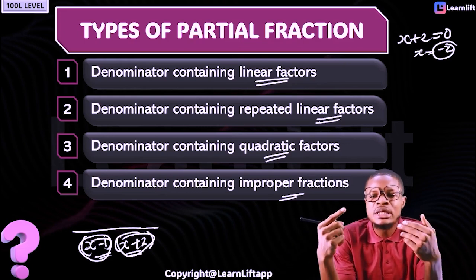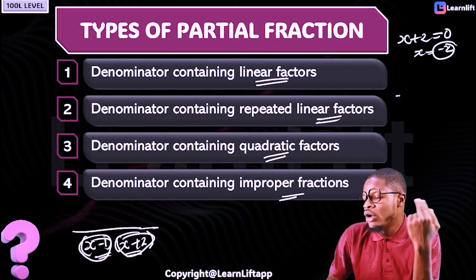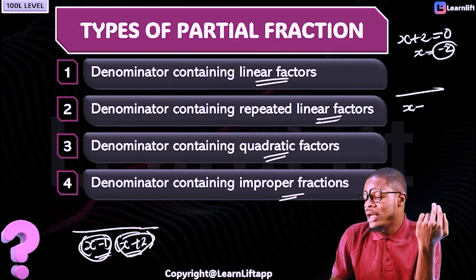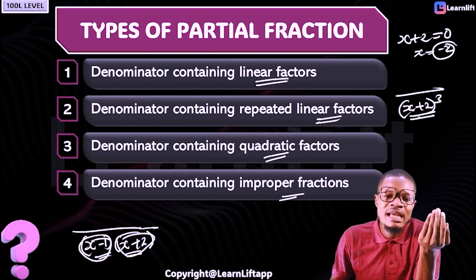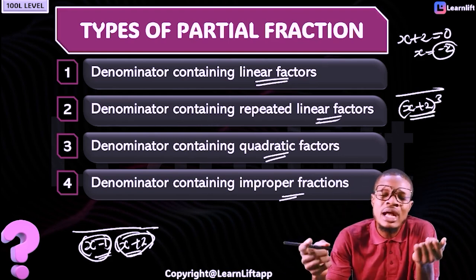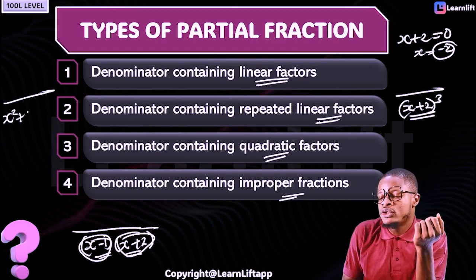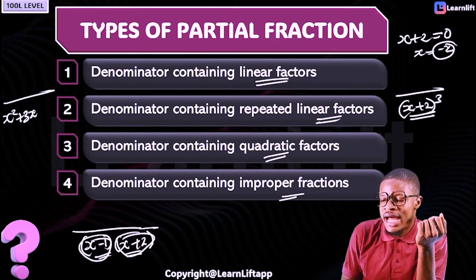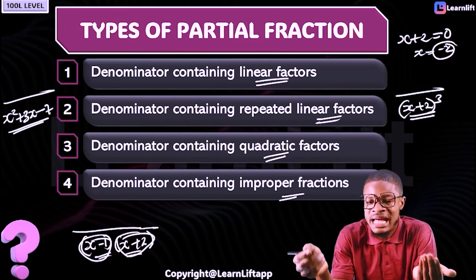Which one is a denominator containing a repeated linear factor? Let's say I have all over x plus 2 raised to the power of 3. This is a linear factor, and it now has a power of 3. That's repeated. Which one is a quadratic factor? Let's say all over x squared plus 3x minus 7, something of this nature. That's your quadratic, your type 3.